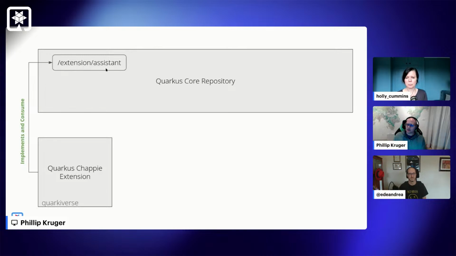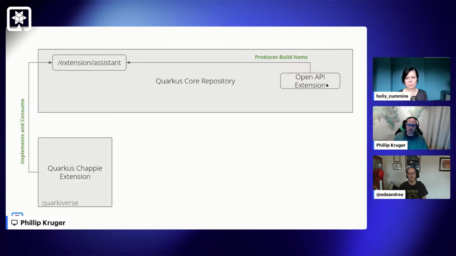Inside the Assistant extension there are also two build items. One build item allows you to take part in the dev log menu, which I'll show a bit later, and one allows you to take part in DevUI. And again, Chappie consumes these two build items that get produced by somebody else, typically by other extensions. As an example, OpenAPI, and I'll show that demo a bit later, will produce some of these build items.